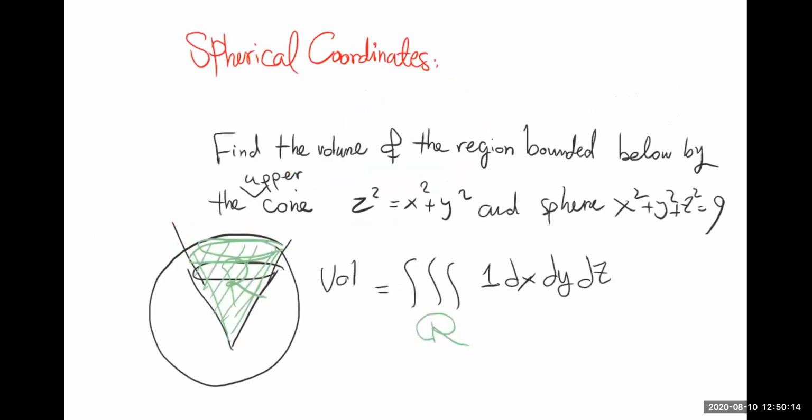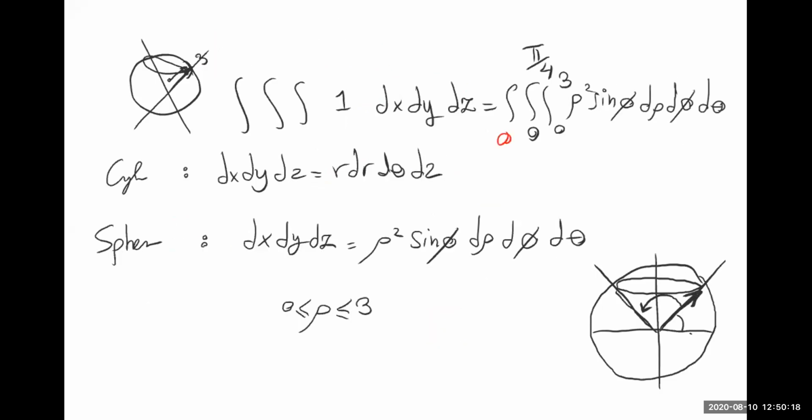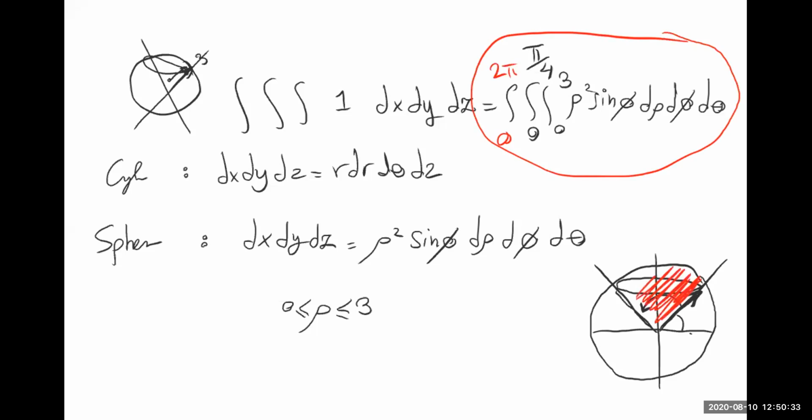So if we come back here, theta goes from 0 to 2 pi, and this is the integral we should compute. Again, it's not an easy integral, and I wouldn't do that. I just want to give you an idea. If you compute this, you would get the volume of the part which this cone cuts out of the sphere.